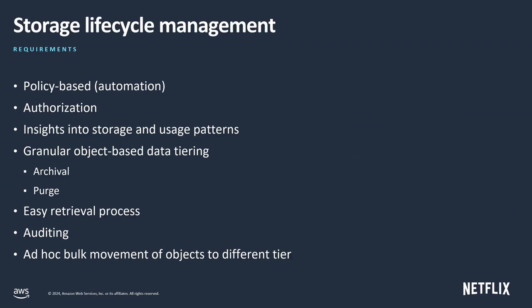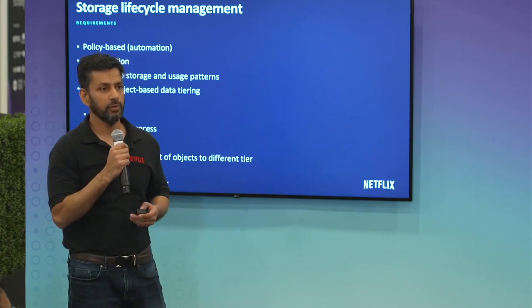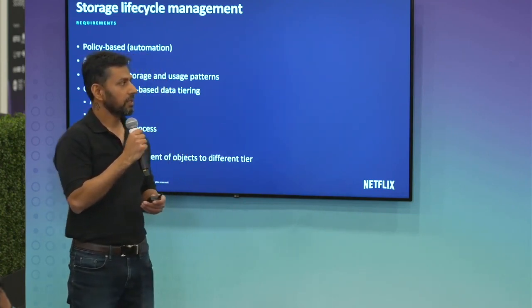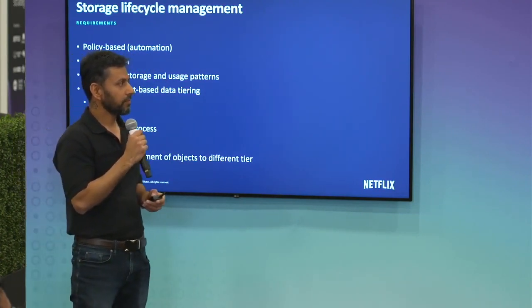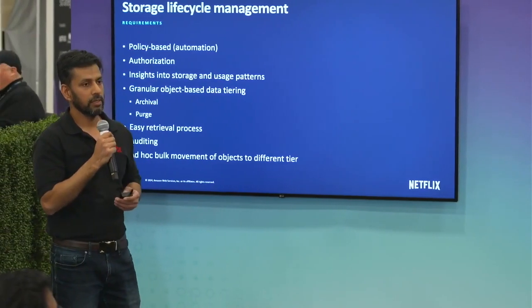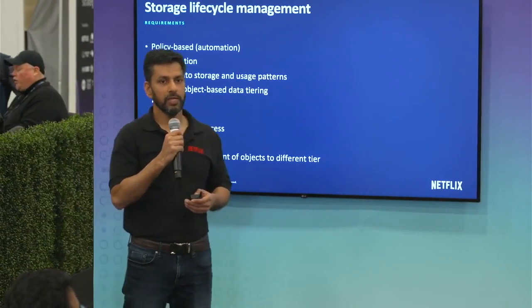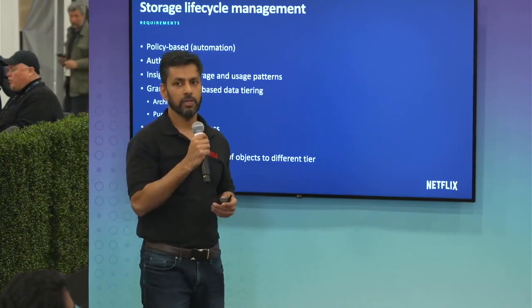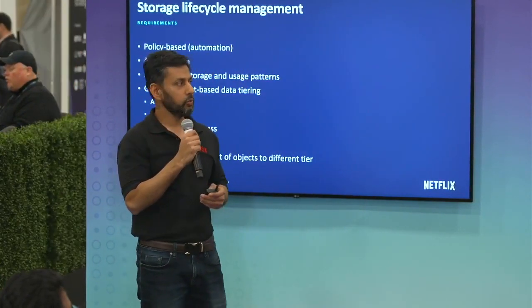So based on that, me and my team came up with some requirements that our system should have. And these are some of the high-level requirements. First and foremost, we wanted it to be a policy-based automation. What I mean by that is we wanted to give our customers a set of rules that they can attach to assets.